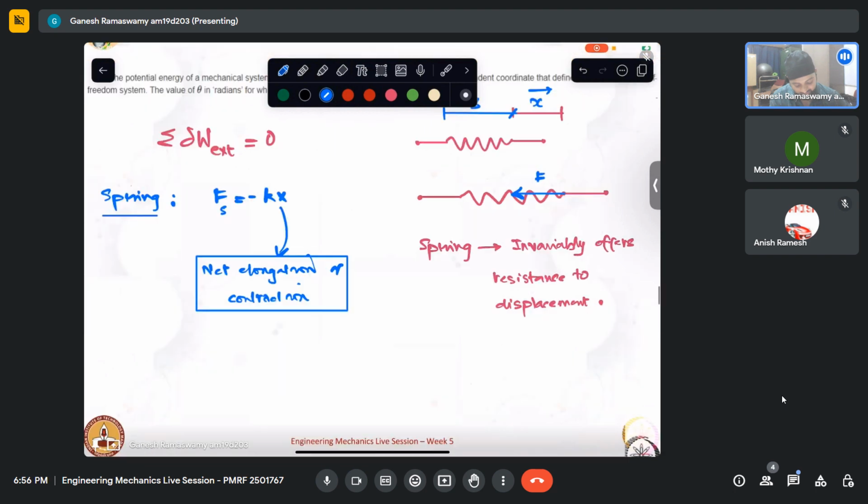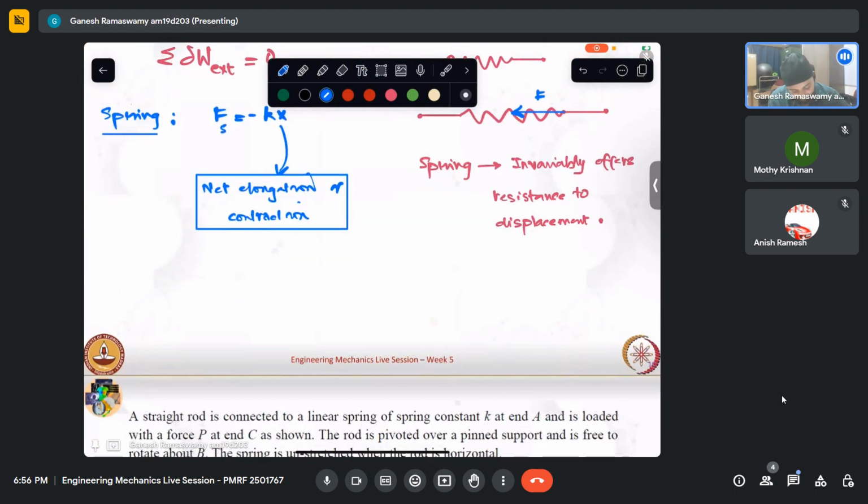So in such a case, if I draw my force versus displacement for a spring, I'll be able to see that this slope is nothing but k, this is force, and this is the actual displacement.